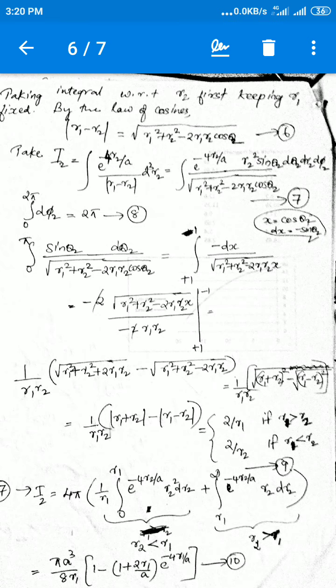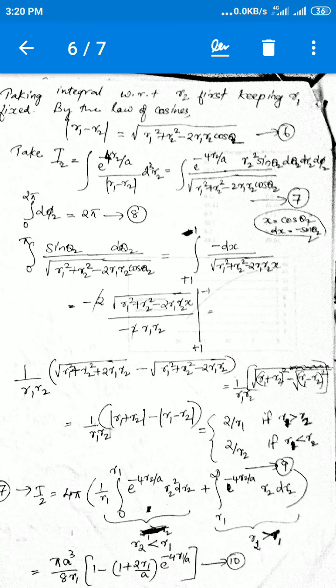So r1 plus r2 minus (r1 minus r2): if r1 is greater than r2, the answer will be 2 by r1, and if r1 is less than r2, it is 2 by r2. You can see that when you put in the values.